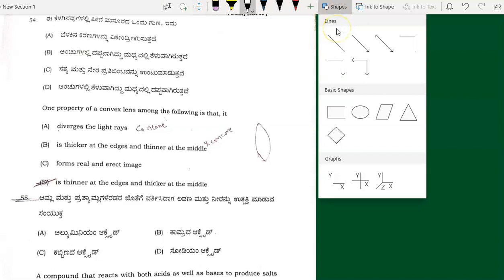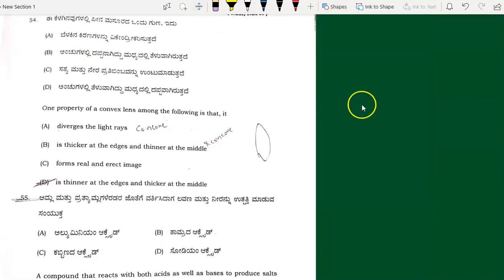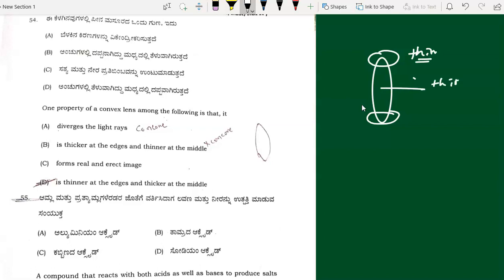At the ends we have thin ends and a thick middle.